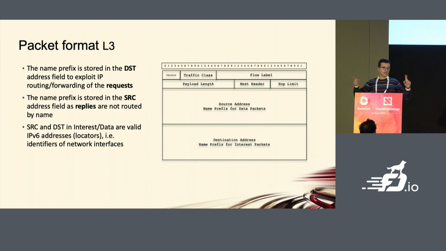Essentially, if you think about an end-to-end communication where you have just a data consumer and a data producer, the data consumer will have in the destination address field the name suffix, which is an IPv6 address, which can be routed using IGP in the network, similar to an Anycast address, to a given place where this data is available, or an intermediate place where this data is stored temporarily.